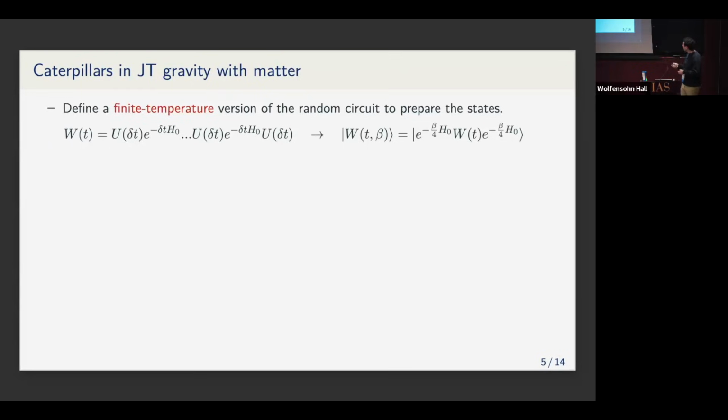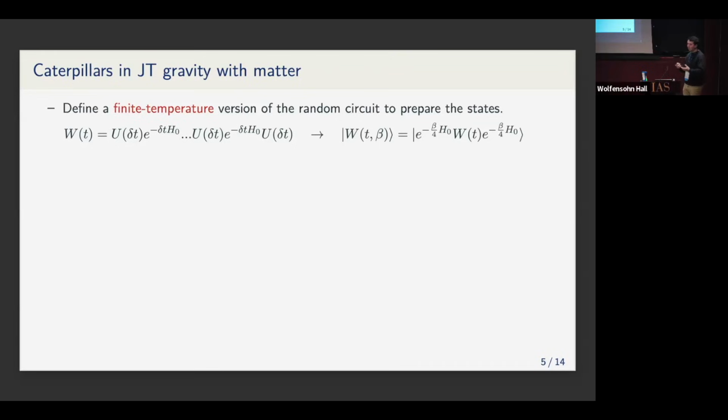Okay. So this operator, W of t, represents a finite temperature version of a random quantum circuit. And in particular, what we did with this operator is to define two-sided states by sandwiching this operator in between two Euclidean evolutions by beta over 4 and considering the choice state, the two-sided state associated to this operator.